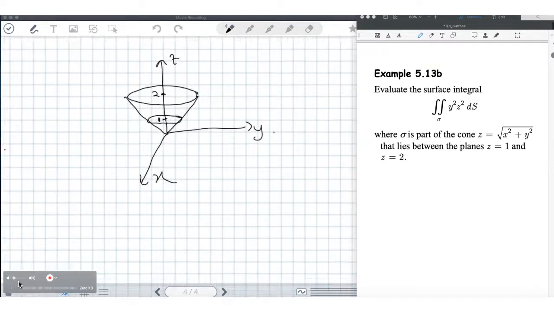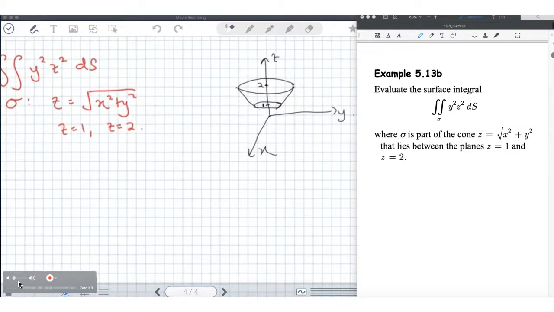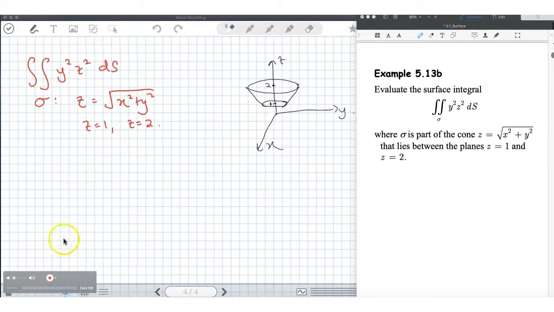So meaning that I have to erase the curve for the surface which are not part of the surface that we are discussing here. Okay, so that is your surface. Your surface is part of the cone which lies between z = 1 and z = 2. Okay, so now we want to evaluate this surface integral.